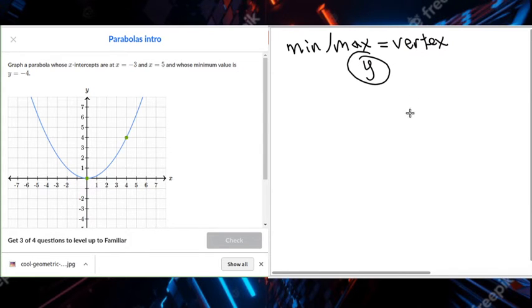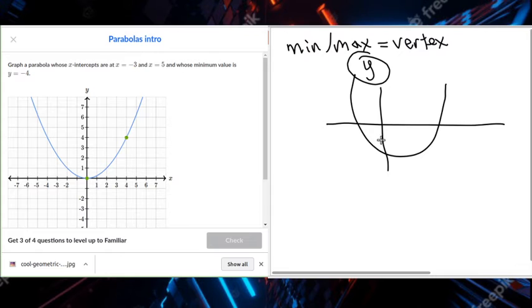And what we need to know is that whenever we have a parabola and it crosses the x-axis, wherever it crosses the x-axis, we have those two x-intercepts. The vertex is going to be right in the middle, right in the average, where they're the same distance.